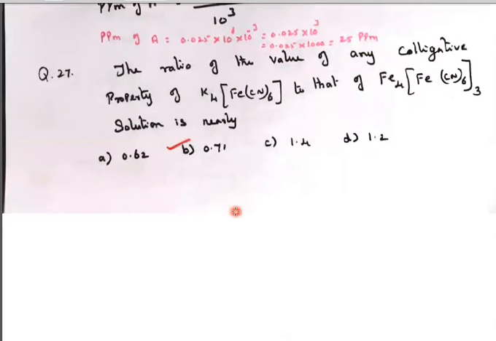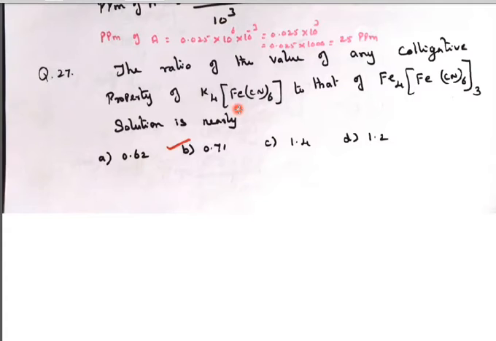The ratio of the value of any colligative property of K4[Fe(CN)6] to that of Fe4[Fe(CN)6]3 solutions is nearly. This is potassium hexacyanoferrate(II) because it is an anionic complex. In an anionic complex, the central metal name ends with -ate.